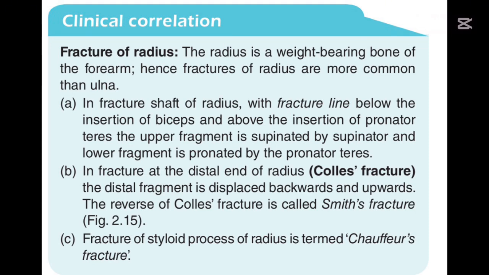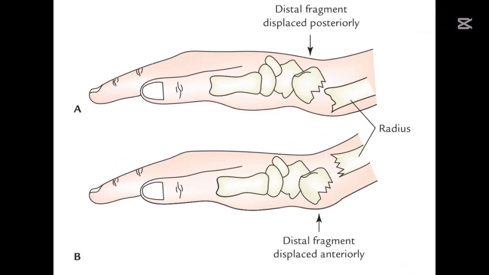You get it now? But in Colles fracture, you are fracturing the distal end of the radius, not the styloid process, the distal end of the radius. So you have a proximal end or the upper end, you have the shaft, you have the distal end or the lower end. When you fracture your lower or distal end, you have what you call Colles fracture.